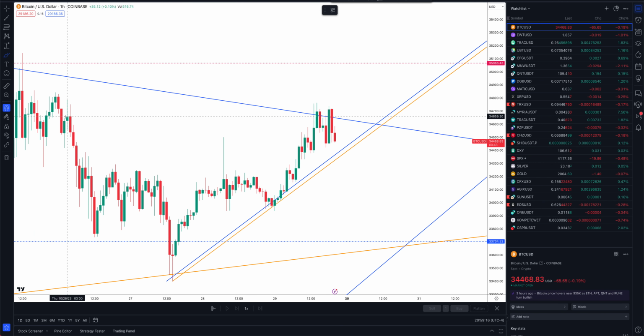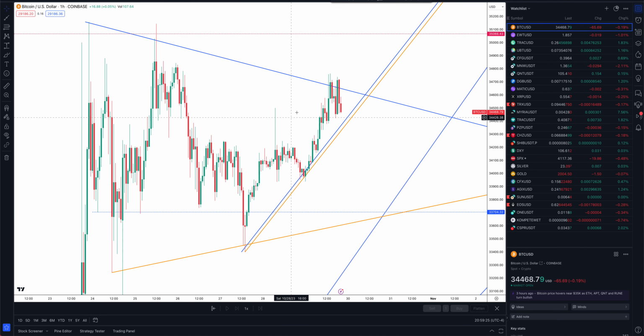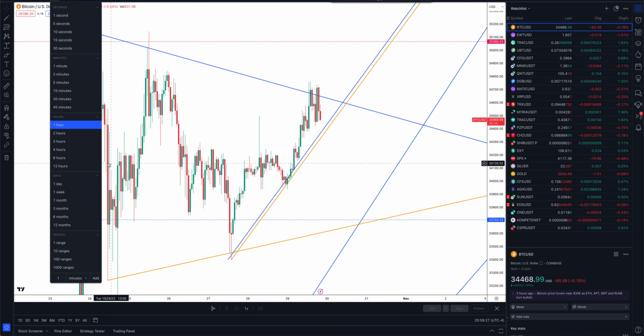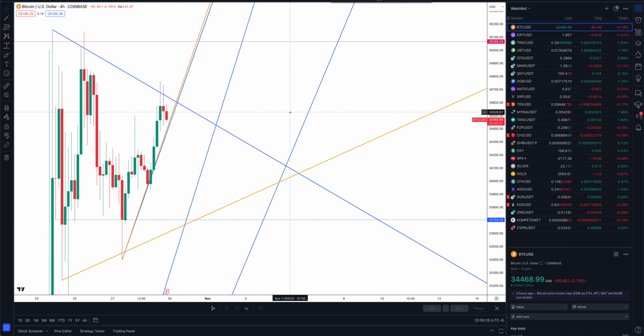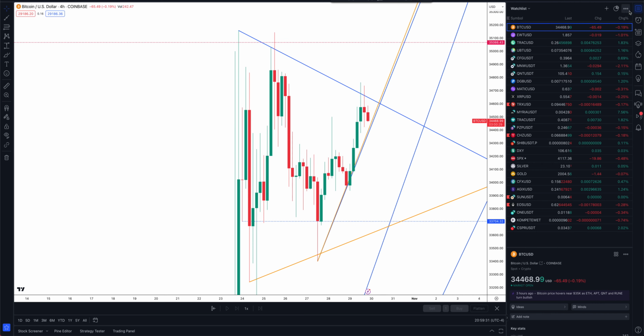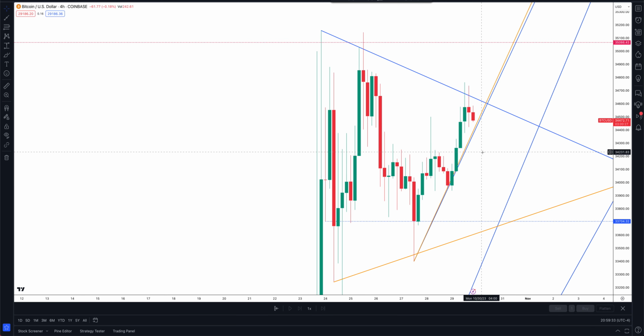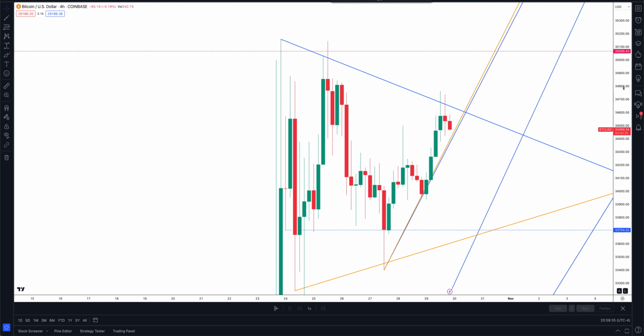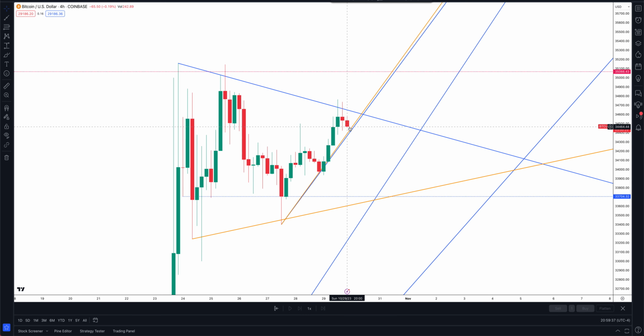So what was once just an empty space, now we have a much more localized area that we can work with. So if we go back to the 4 hour, just based off this here, it does look like we're going to see some small rejection, hopefully, most likely back down this 4 hour.